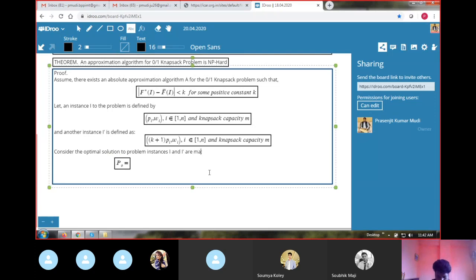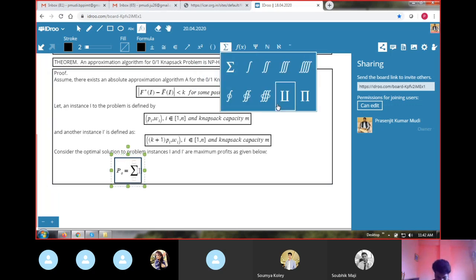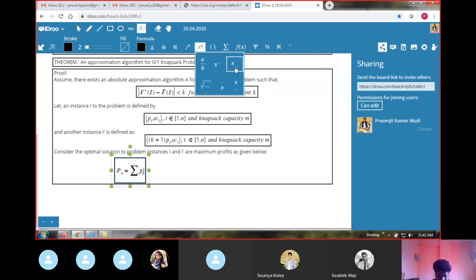For the time being, let's say we find the corresponding maximum profit, thereby we can find out the I0. So our maximum profits: P0, the maximum profit for I dash, is the summation over Pi.